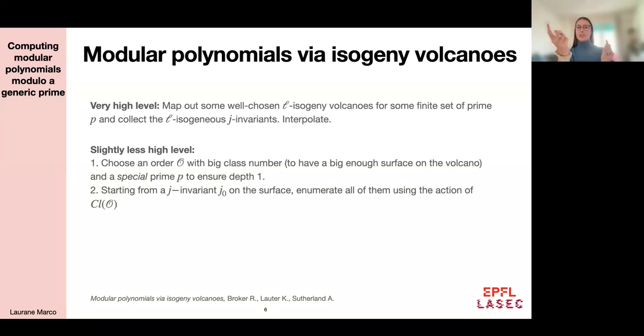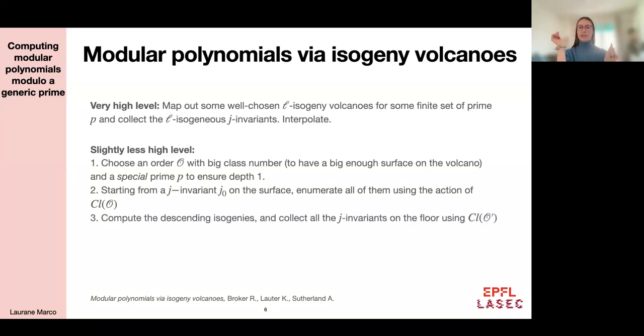Once you've enumerated the entire surface, you compute a descending isogeny using Vélu's formula, and then you do the exact same thing on the floor, using the class group action of O', the order to which the endomorphism rings of the curves on the floor are isomorphic.